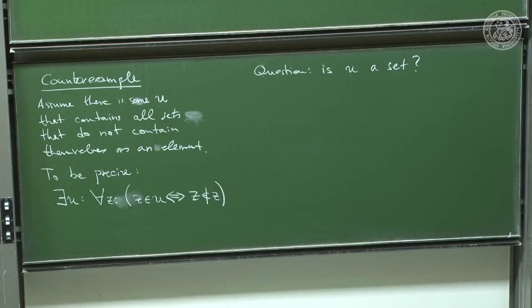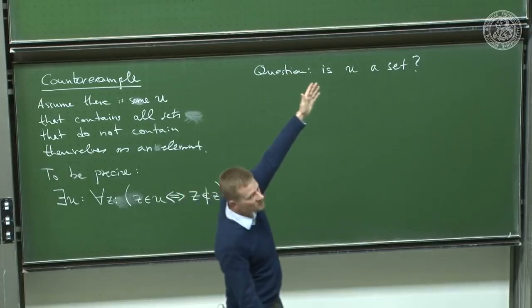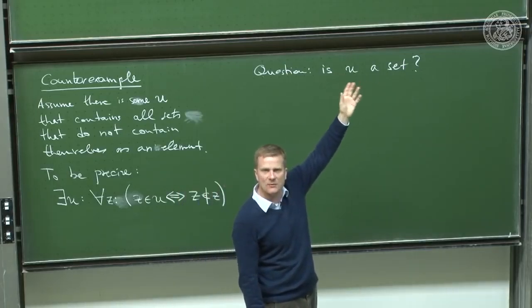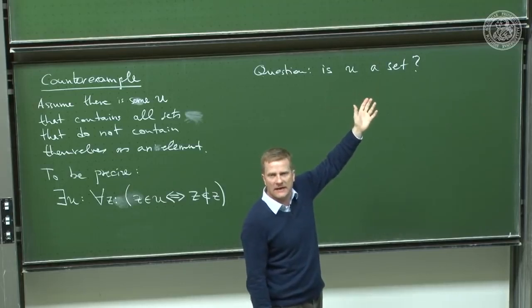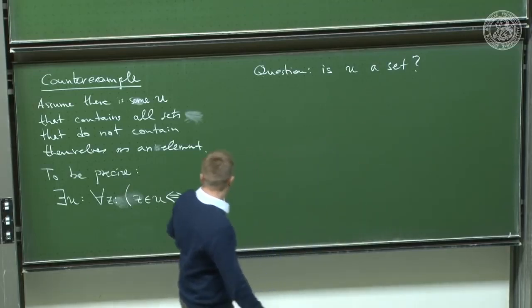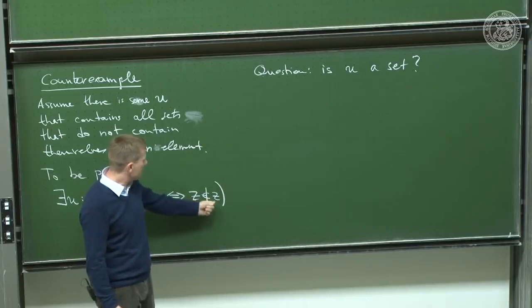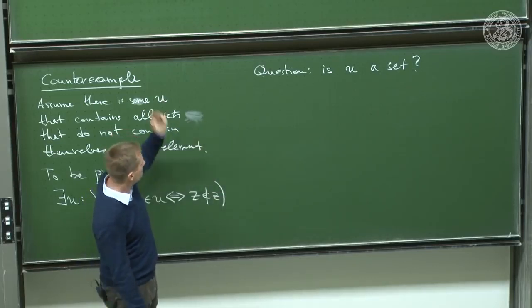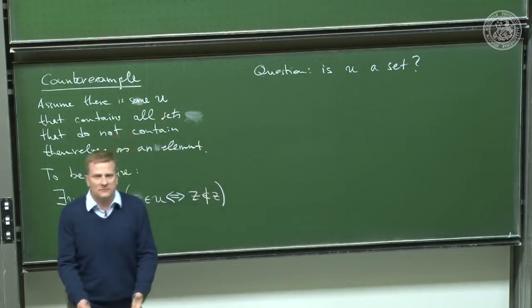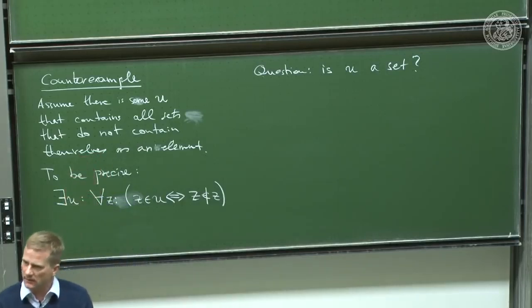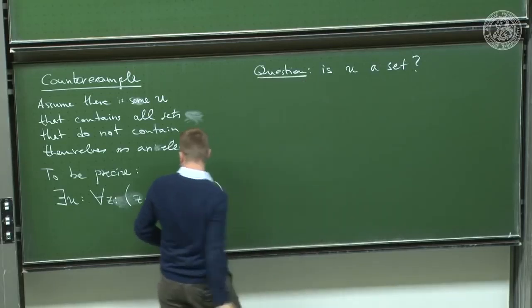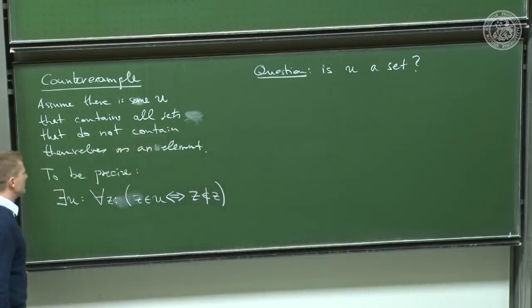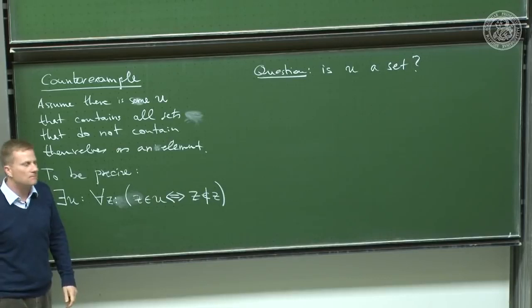But at the moment, it's very instructive to consider this. We just said epsilon is a relation, and whenever x and y are sets, x element y is a proposition. Yeah, well, if z is a set, then z element z or z not element z, is a proposition, right? So at this point, it's perfectly fine to do this. But the question is, this collection of all the sets that don't contain themselves, is this a set again?